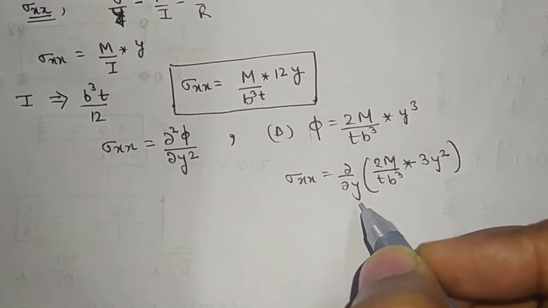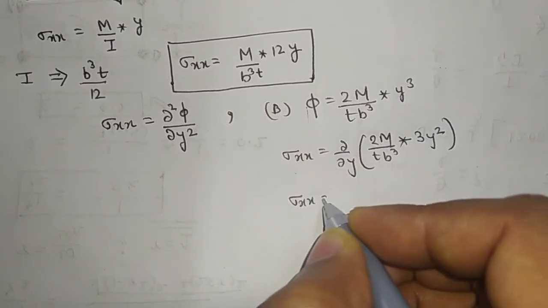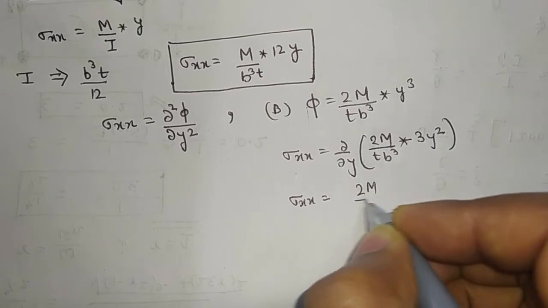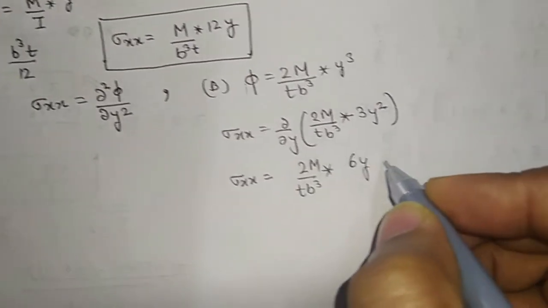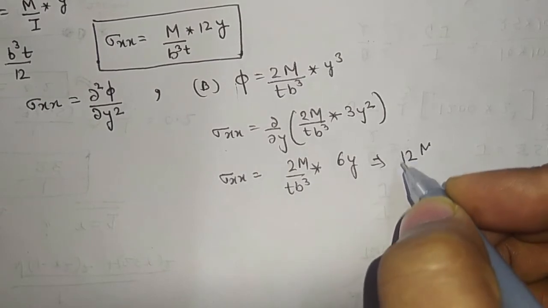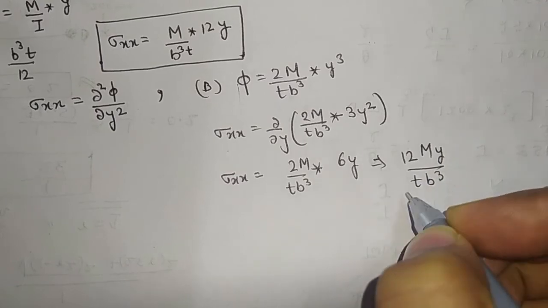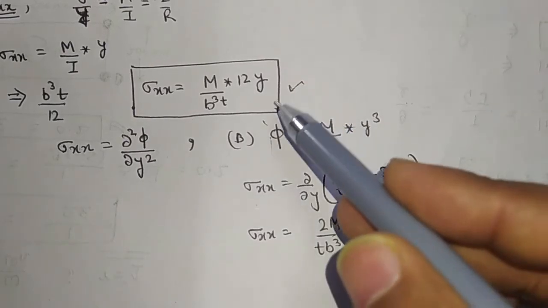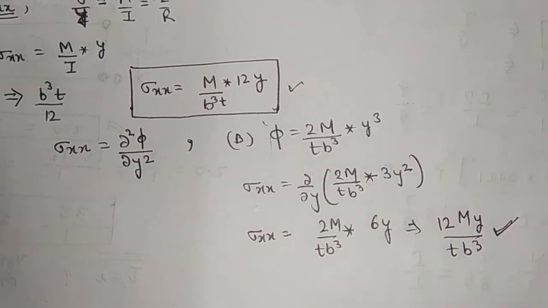Now if we again differentiate it with respect to y, sigma xx will be 2M by t b cube into 6y. After solving, we get 12M y upon t b cube, which is equal to this. So option B will be the correct answer.